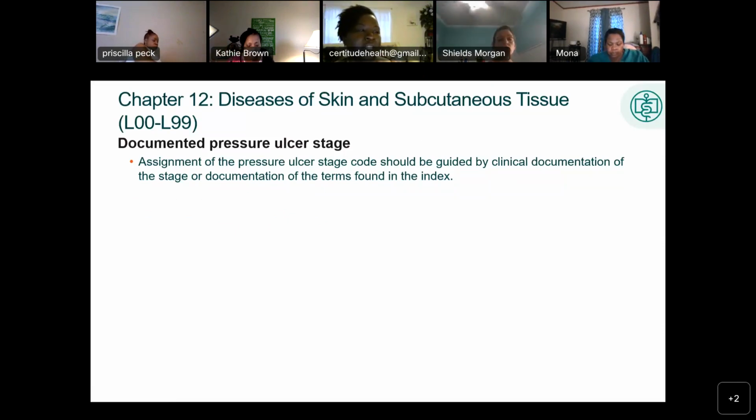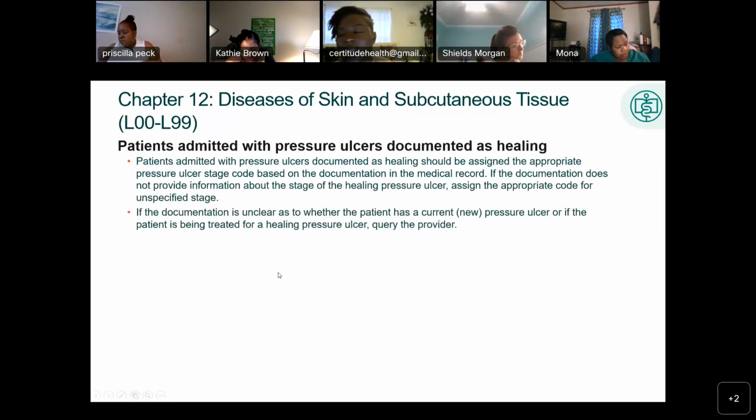Even in your questions, it has to give you an assignment of the stage. Even if that assignment is unspecified or unstageable, at least you know you have something to be able to select a code by. So no guessing games with the stages. It either says a stage, it says unspecified or unstageable.